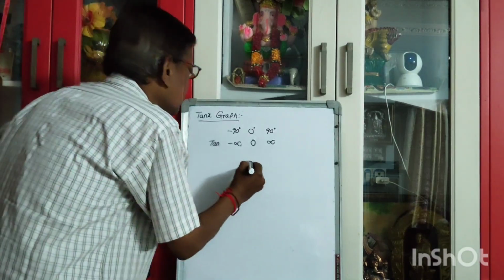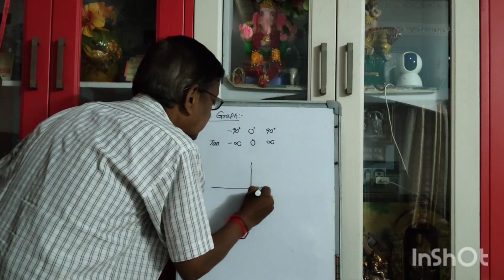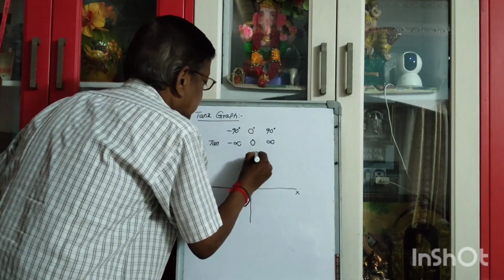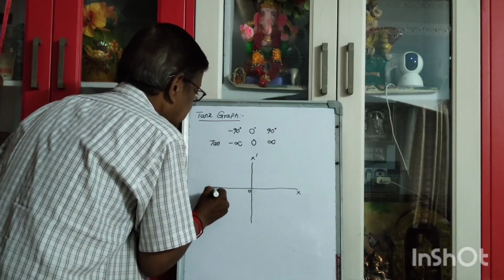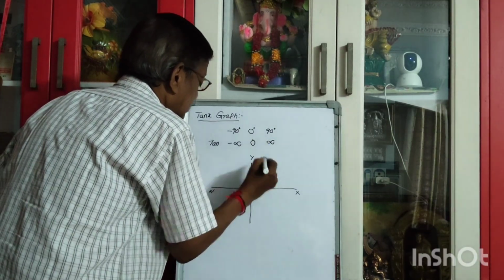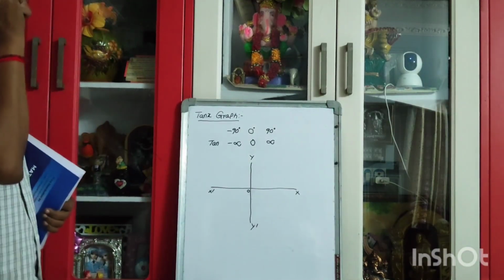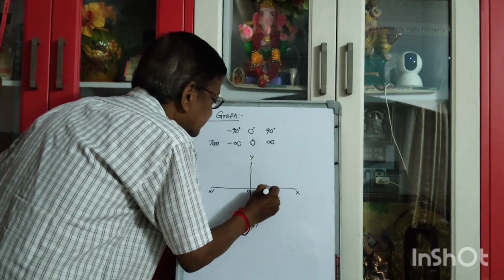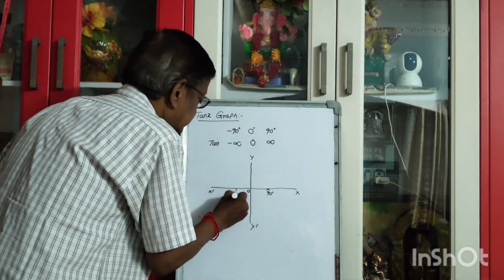Now x dash, 0, x dash, this is y, this is y dash. Just consider plus 90 and minus 90. It is easy to explain.